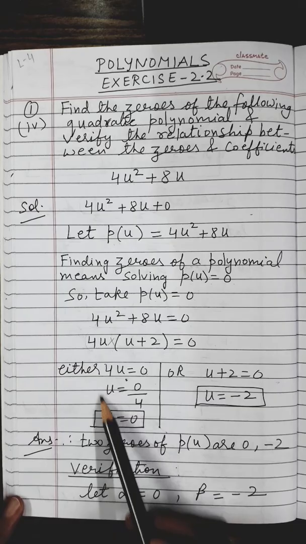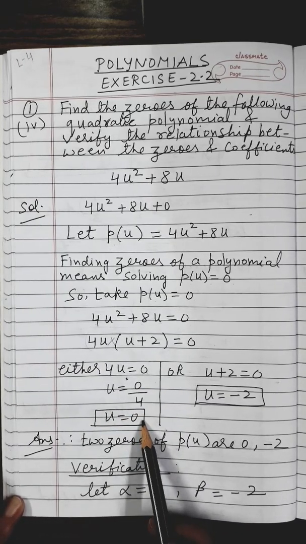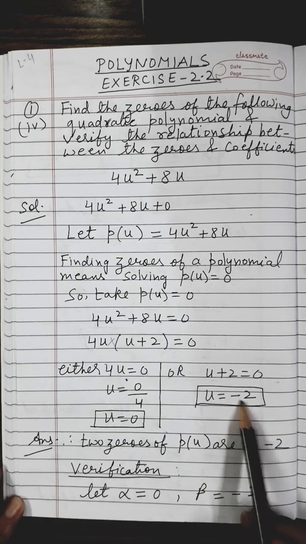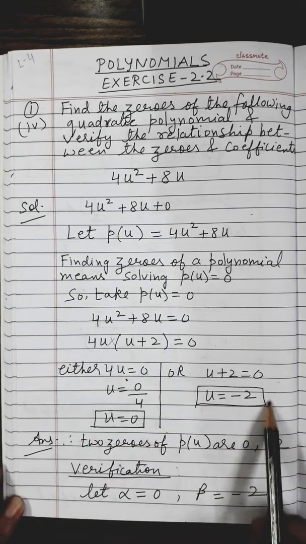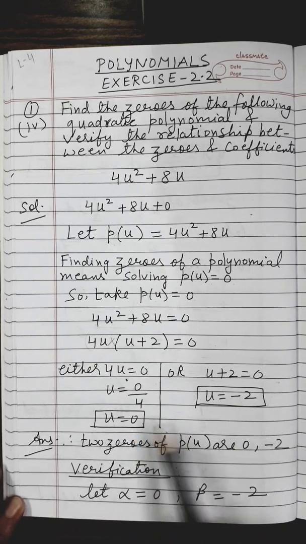Solve it for u. You will get u equals 0 upon 4, which gives you u equals 0. Similarly, solving this, you get u equals minus 2. So these are the two answers for u which you are getting: 0 and minus 2. These themselves are the zeros of the polynomial.